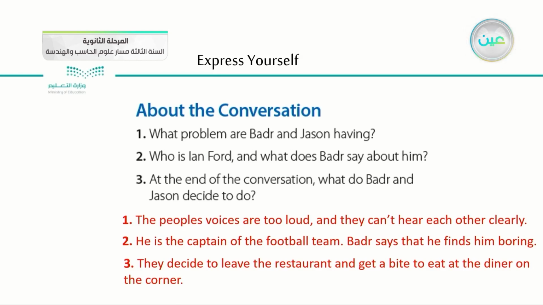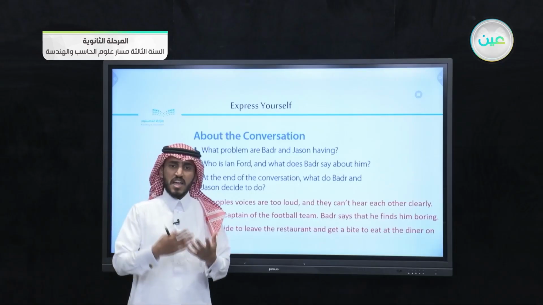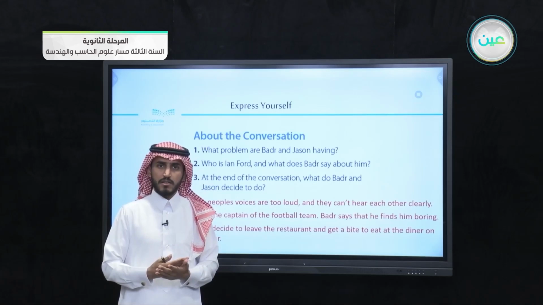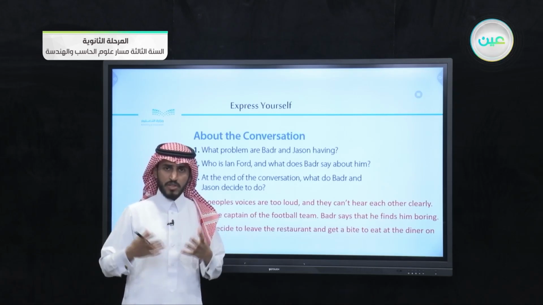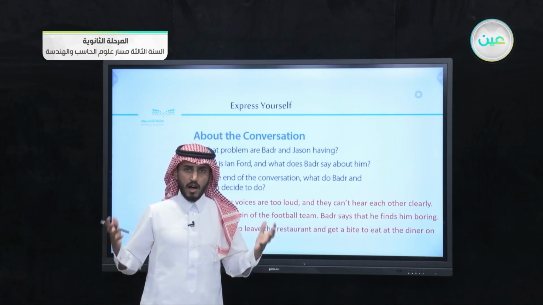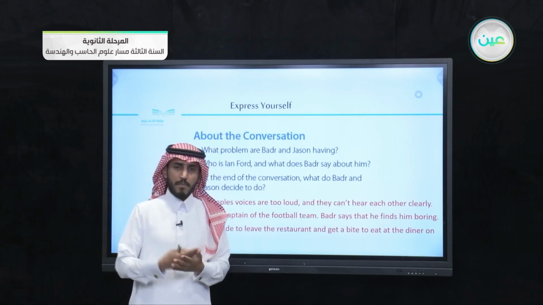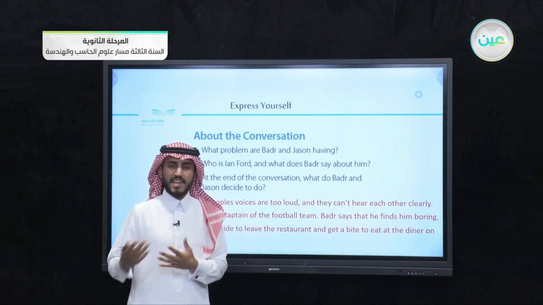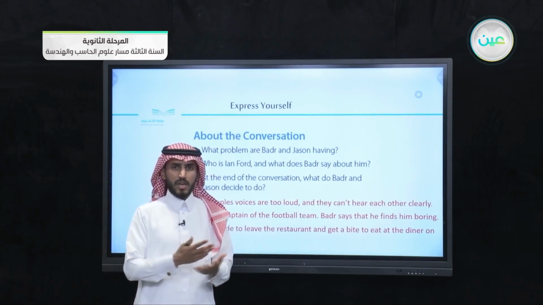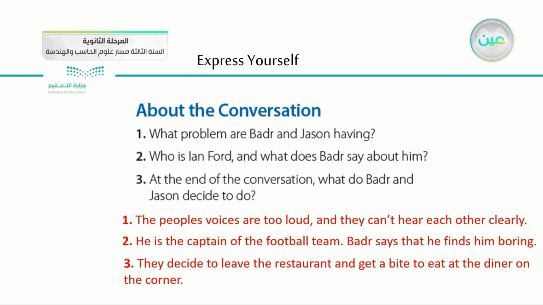What's the meaning of get a bite? Get a bite means they eat something. It doesn't have to be a large meal. When we say a bite, that refers to a snack or a quick meal. So, get a bite, we're talking here about a snack or a quick or small meal at the diner.